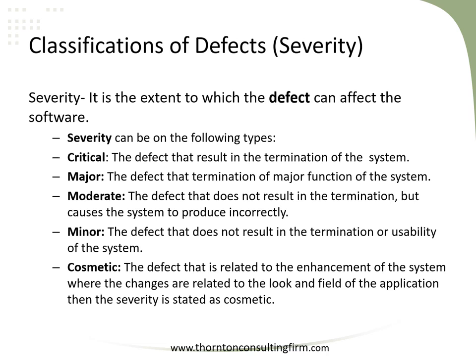And you have your moderate defect. In the moderate defects, the defect does not result in a termination, but causes the system to produce something incorrectly. Again, using the example with the credit card, you're able to process that credit card, but you receive an error message or something after that credit card has been submitted.